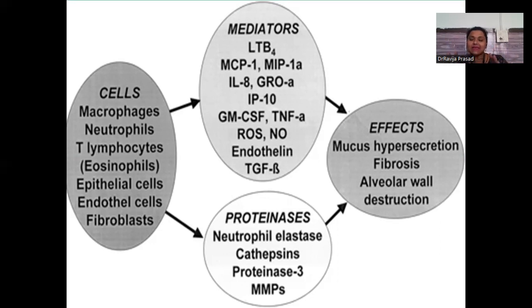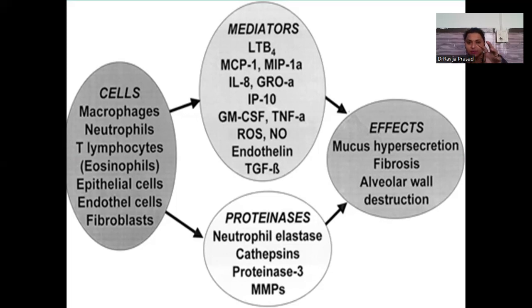So basically over here, the mediators are the main pro-inflammatory agents which cause inflammation, and they act through mediators like LTB4, MCP-1, MIP-1A, IL-8, GRO-A, IP-10, GM-CSF, TNF-A, ROS, NO, endothelin, TGF-B.